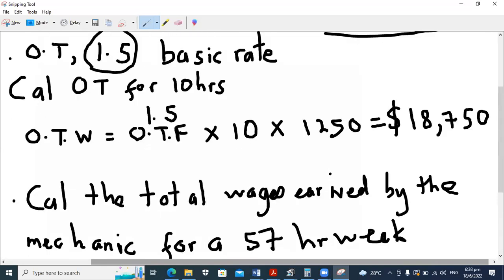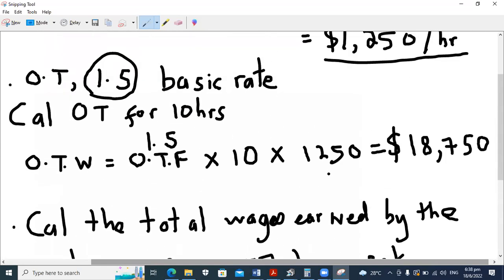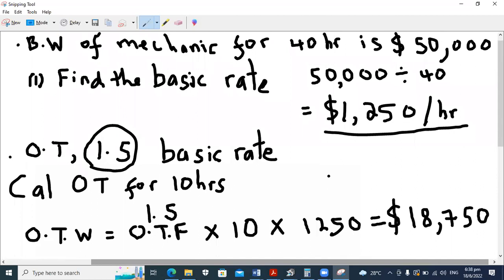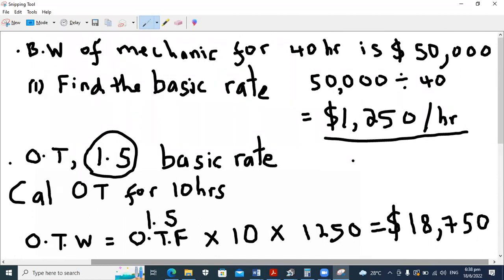So for a 40-hour work week, how much do you earn? 50 grand, not true? Because I'm telling you, the basic wage for a mechanic for 40 hours is 50,000.